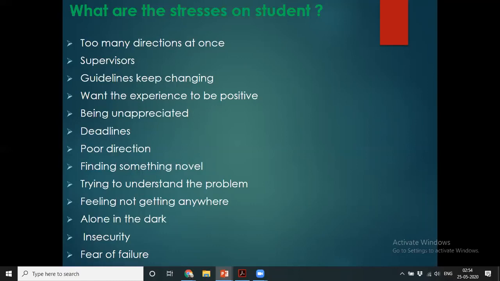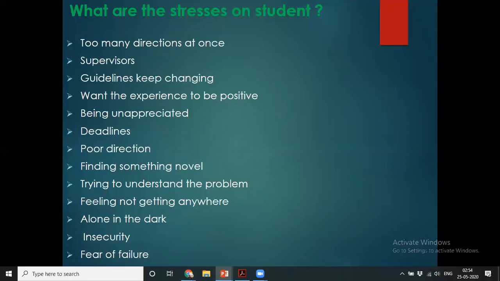Also, if you have fixed a particular topic, and midway you understood that it is very tough to continue with that topic, due to unavailability of resources, and you change the topic, these are the things that also stress the student.